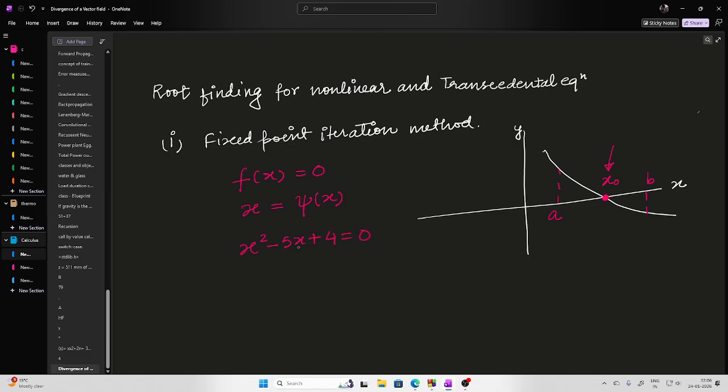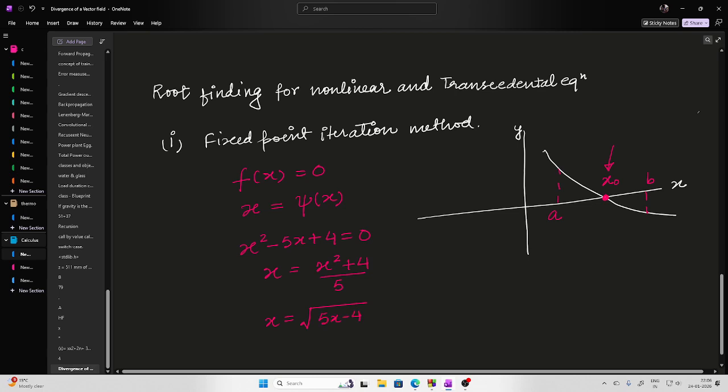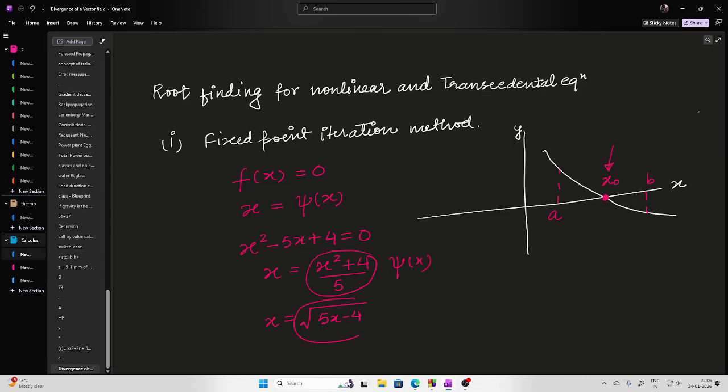Then I can write this equation as x is equal to x square plus 4 by 5, or I can write it as the square root of 5x minus 4. If you look at these two, the right hand side term becomes psi x in each case. So now I have two choices. The first task in fixed point iteration is to rewrite the equation in this form.